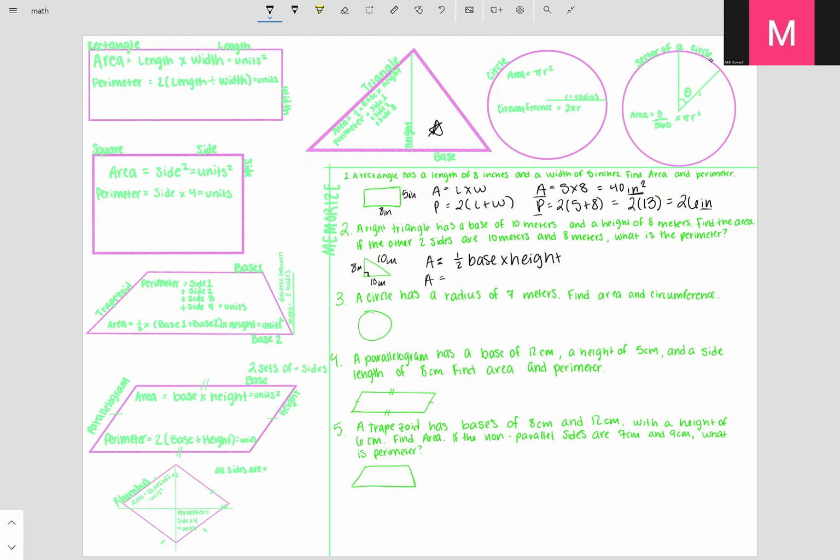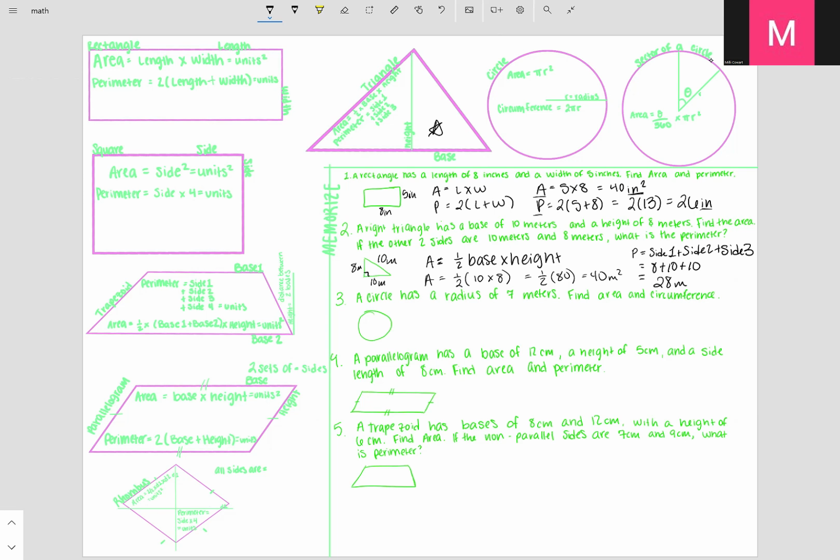So we have area equals 1/2 times 10 times 8, which is 40 meters squared. And the perimeter equals side 1 plus side 2 plus side 3. We have 8 plus 10 plus 10 equals 28 meters.